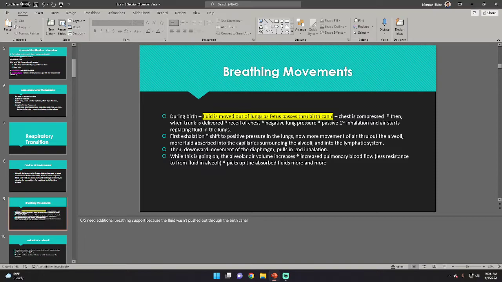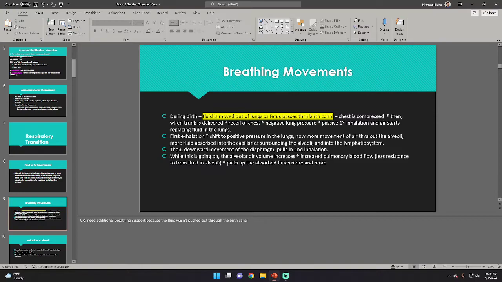And when the trunk is delivered, the recoil of the chest initiates a negative lung pressure, leading to the passive first inhalation, and air starts replacing that fluid in the lungs. So whenever we're having that cry of that large breath, they're really gasping for air in that moment.